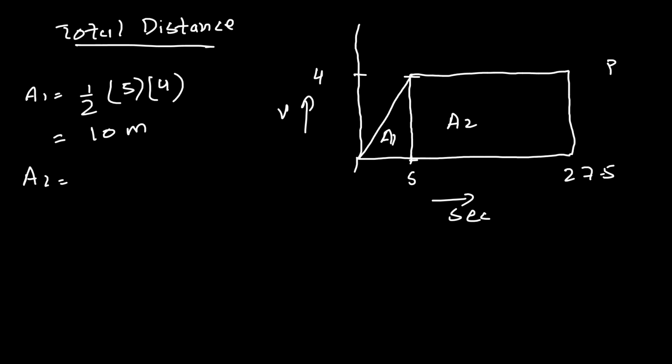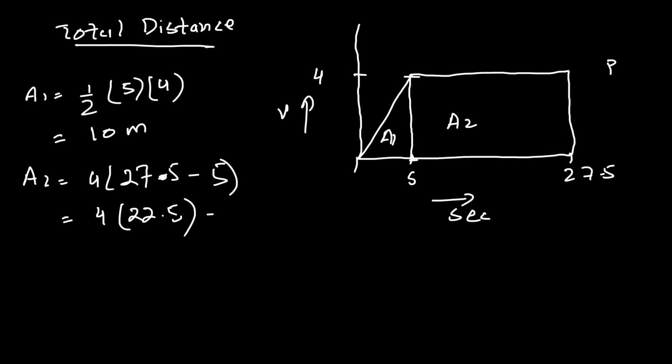It will be 4 times this width. This width is 27.5 minus 5, so 4 times 22.5. That's 90 meters.